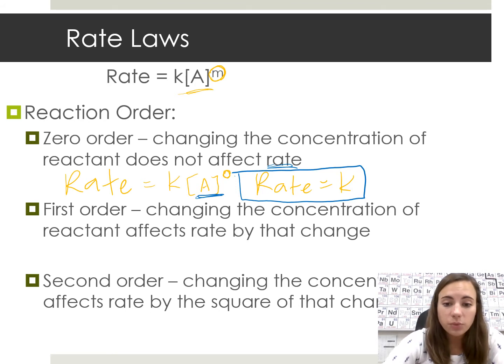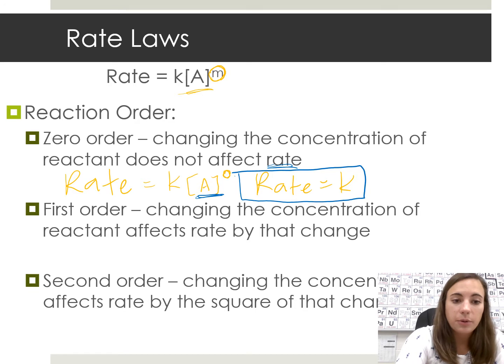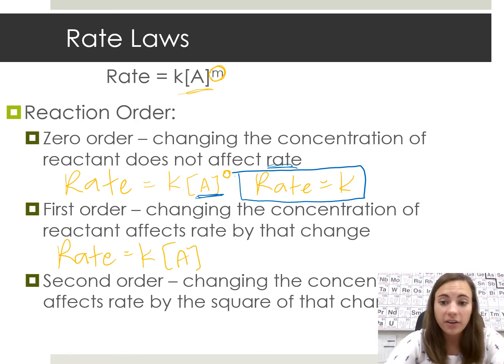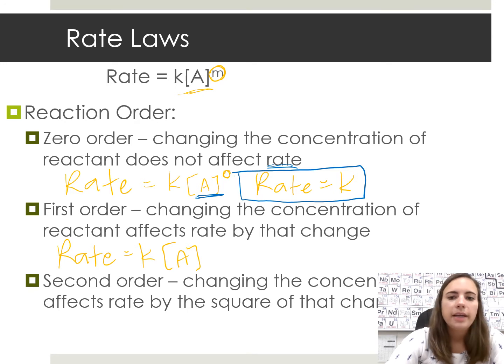Now, 1st order would mean that my exponent is a 1, which typically we don't write exponents of 1, but just the fact that it's there implies an exponent of 1. So if I do something to the concentration of A, I'm going to do the exact same thing to the rate.